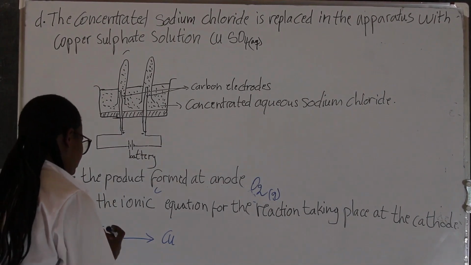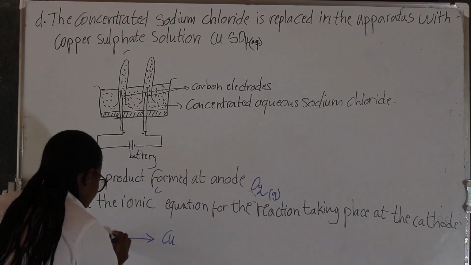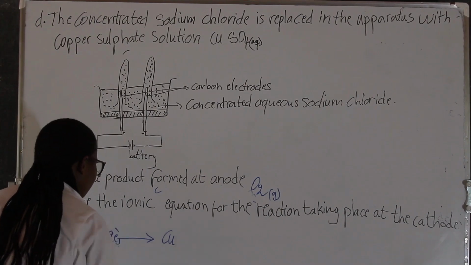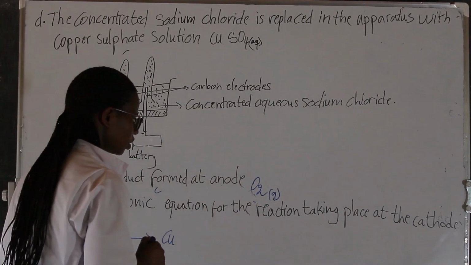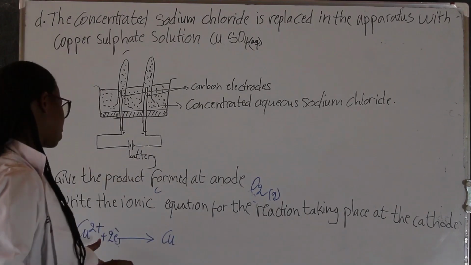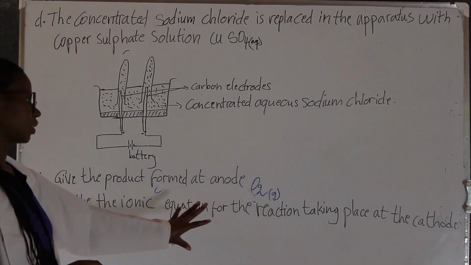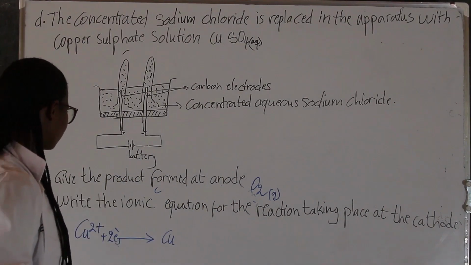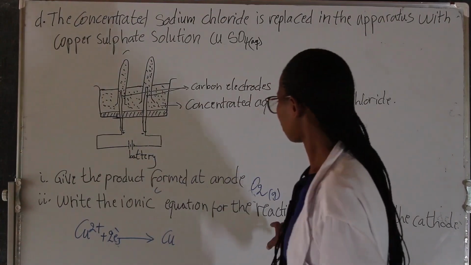Then here we add 2 electrons. This is the chemical equation which will take place at the cathode. Let's move to the next question.